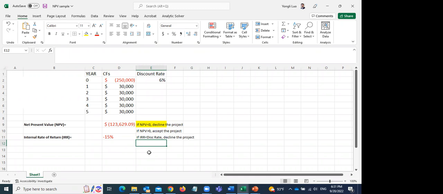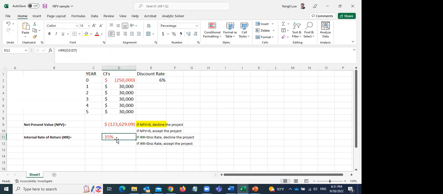If the IRR is higher than your discount rate, you accept the project. So this number is negative 15.